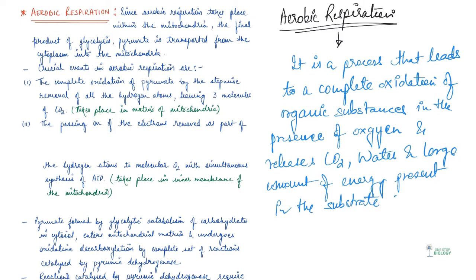For example, if we talk about breakdown of glucose, glucose here is the substrate, and this glucose in the presence of oxygen will be broken down, and the ultimate products are just carbon dioxide, water, and a large amount of energy which will be used in different processes.